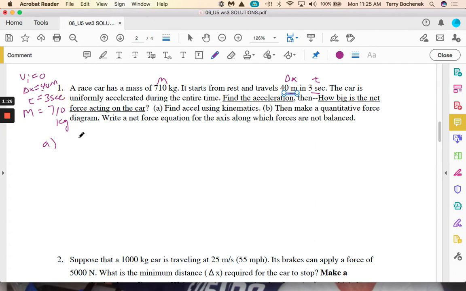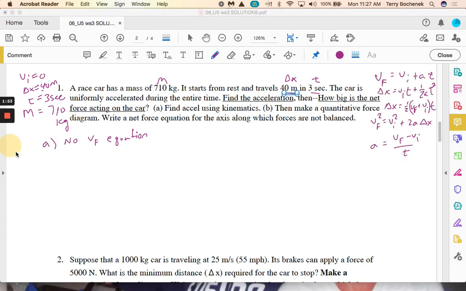Okay, so with that, we don't know a v final. We need to find the a, and we do know v initial, so we can't use anything with v final in it. And so from the list, we can rule out ones that don't have that as a given.